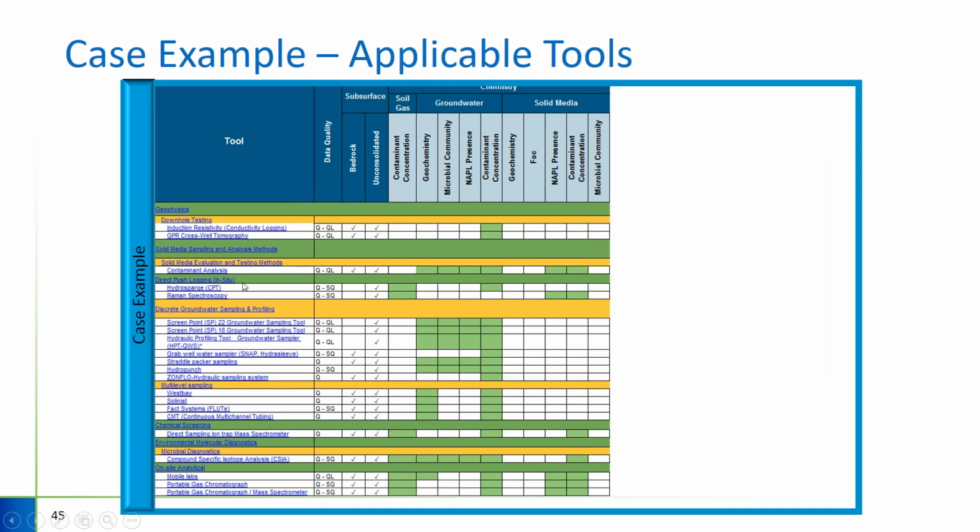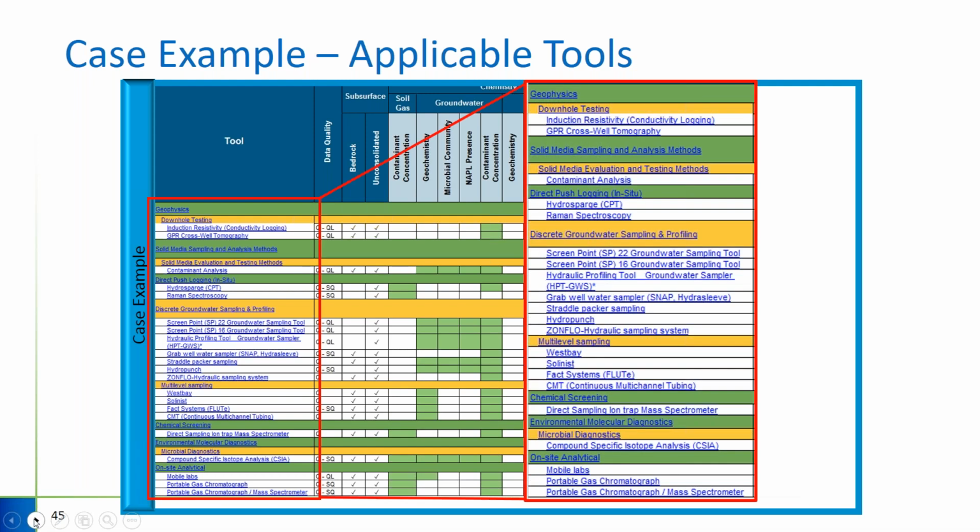This is just a zoomed in version of it, so you can see a lot of the vertically discrete groundwater sampling tools are on here. Some other stuff that still might apply, like molecular tools, mobile labs, and then some of this direct push logging. So you can see, you're certainly not going to use all of these, but then the idea would be that you would pick from them and then put that in your work plan.